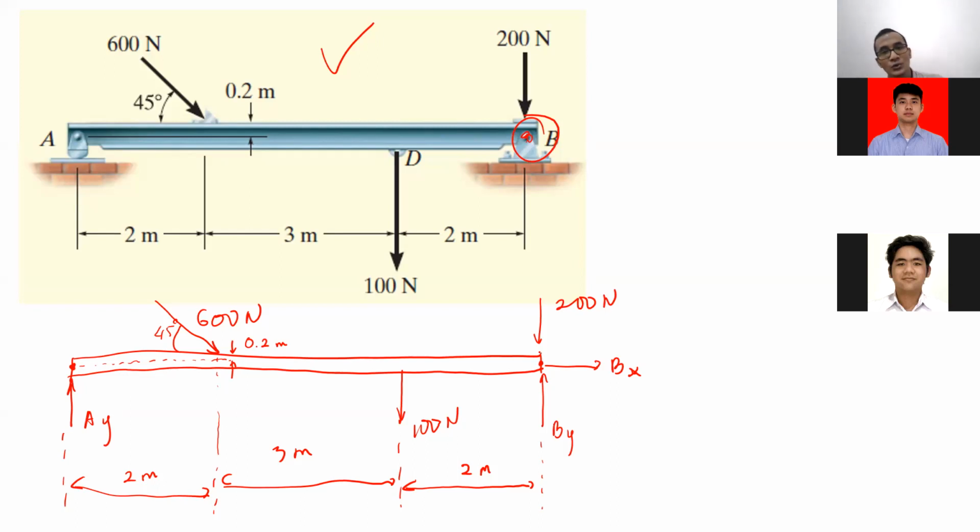Besides that, you cannot include the constraint in the free body diagram, but you have to replace the constraint with the reaction force due to that constraint. That's why at B, instead of drawing the pin joint, I draw forces Px and Py. And at A, instead of the roller joint, I draw force Ay, like that. Is it understood, guys?